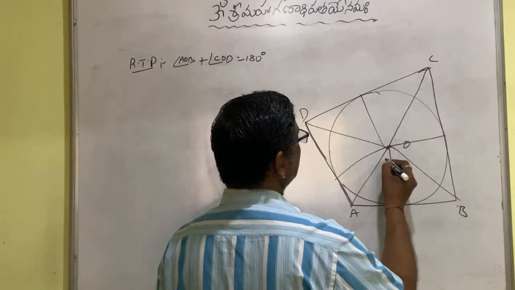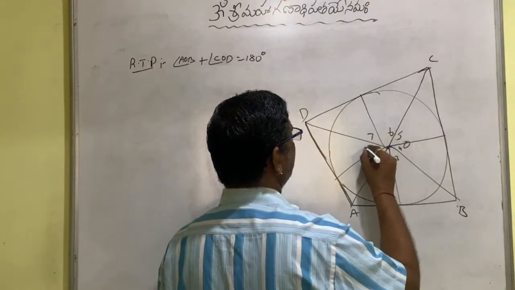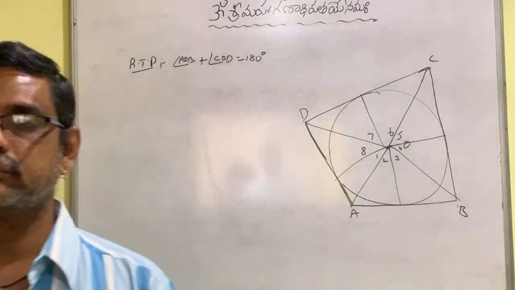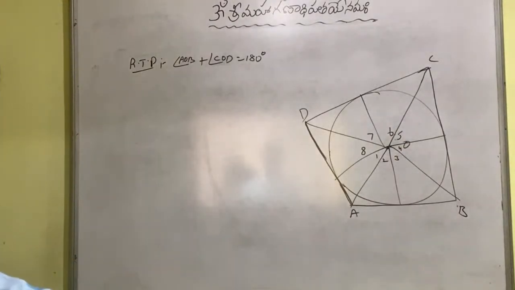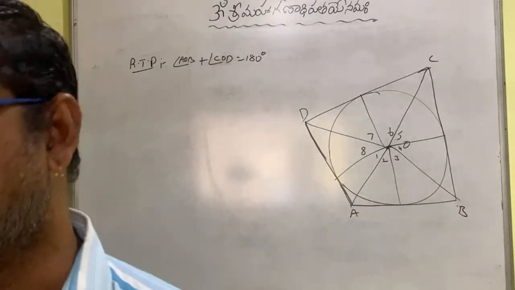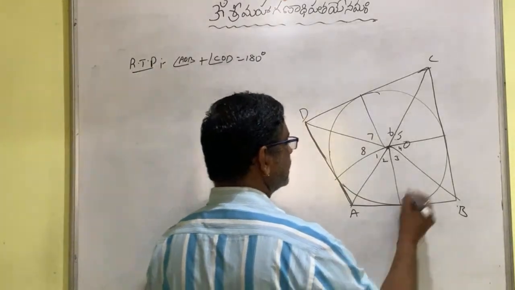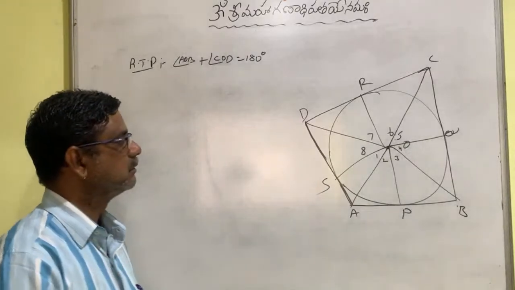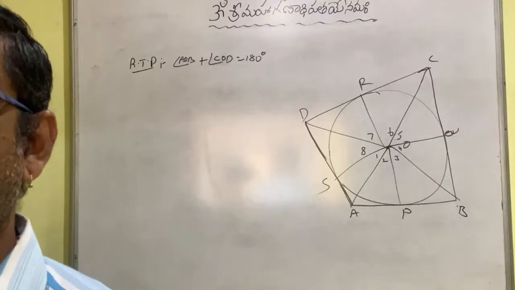And I am naming these angles as 1, 2, 3, 4, 5, 6, 7, 8. Now, children, what can you say about angle 1 and angle 2? I am naming this as P, Q, R, S. Angle 1 and angle 2 are equal.